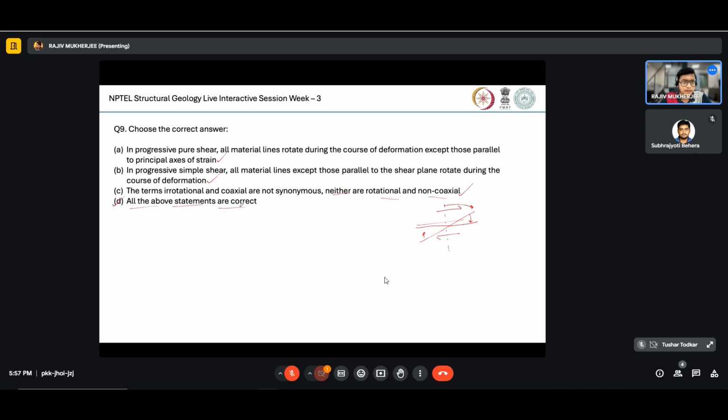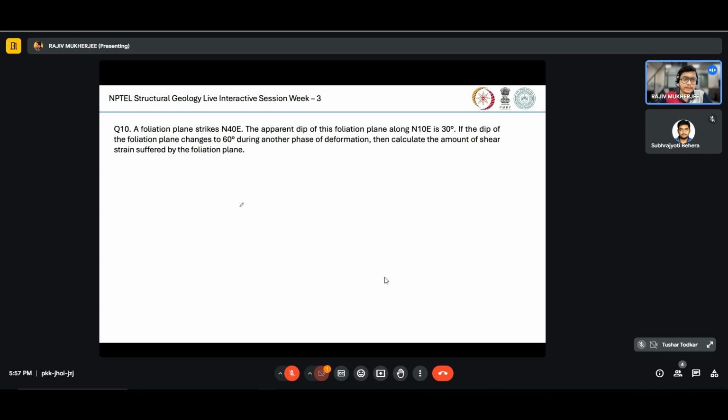Okay, last question. We are already near 6. This question tells us that a foliation plane strikes north 40° east. The apparent dip of this foliation plane is measured along north 10 east. So first of all, we can say that this is north and this is east, and the strike of the plane is north 40 east, and we have measured the apparent dip of this plane along north 10 east.